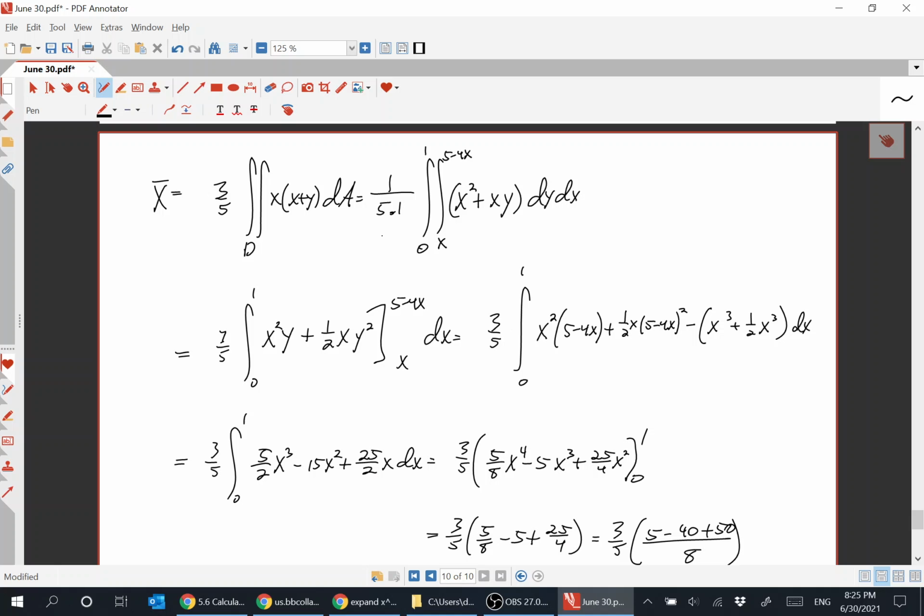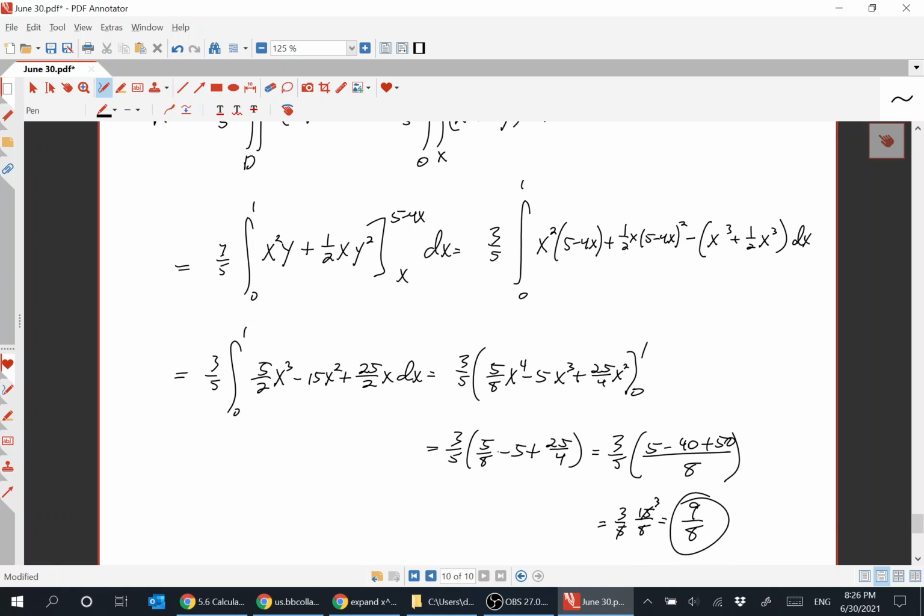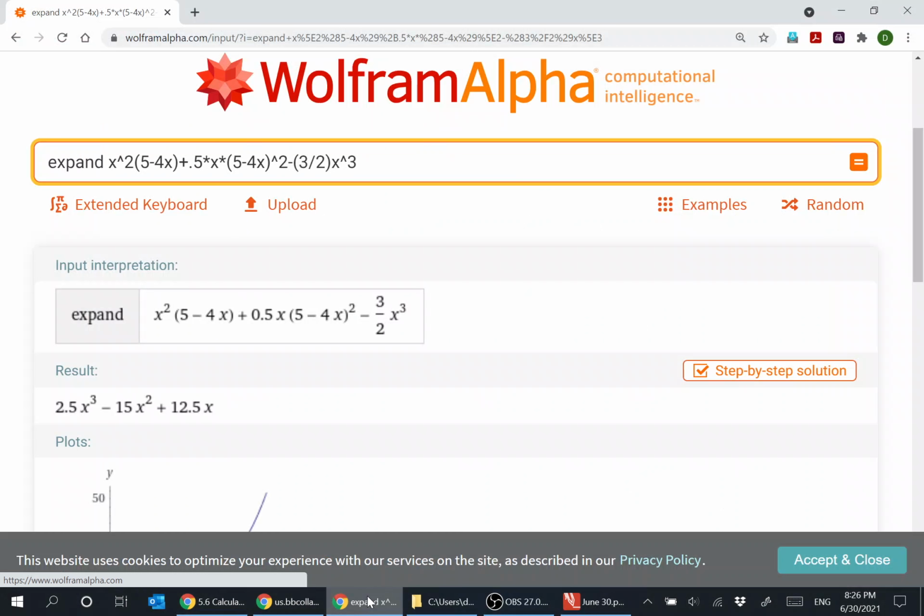x times x plus y, x squared plus xy dy plus 1/2 xy squared, so x times 5 minus 4x squared times 5 minus 4x minus x to the third plus 1/2 x to the third, so it's 3/2 x to the third plus.